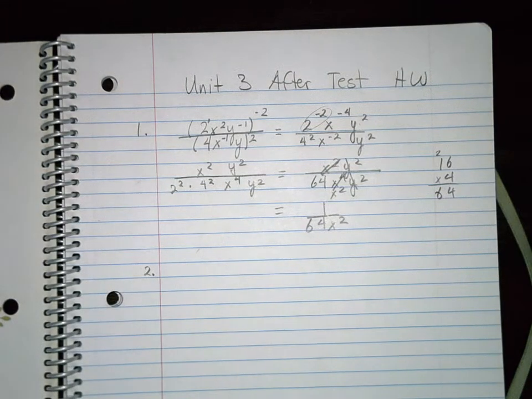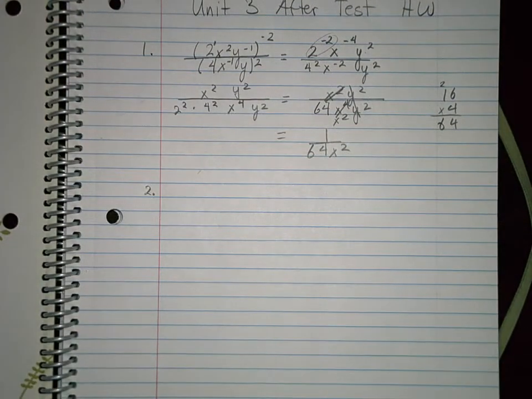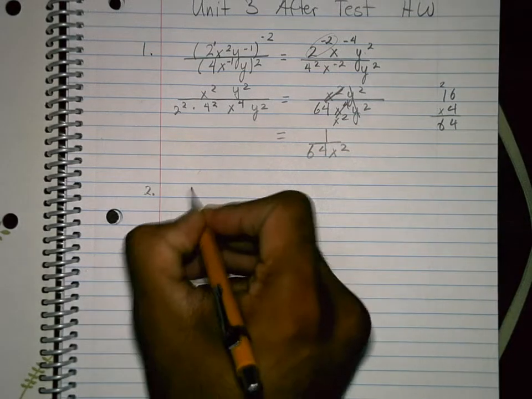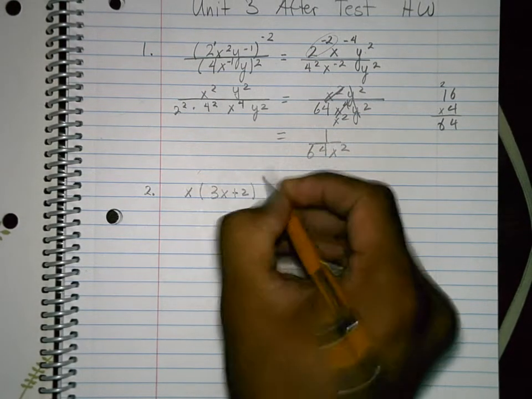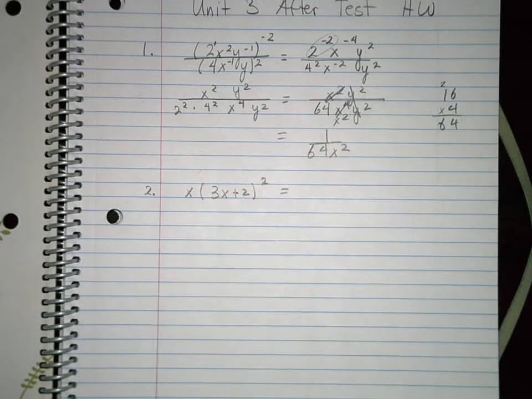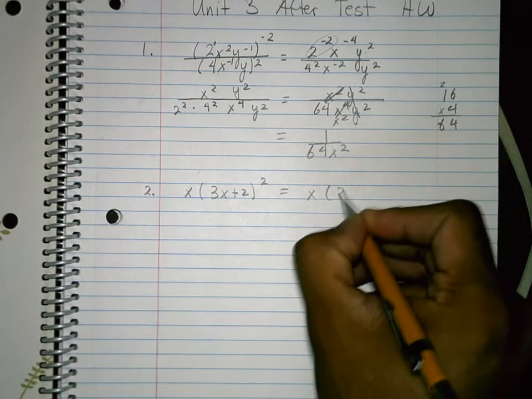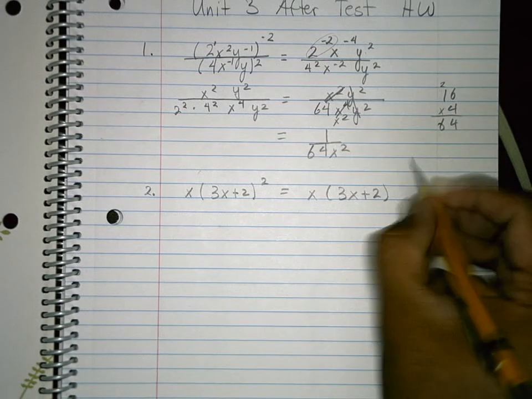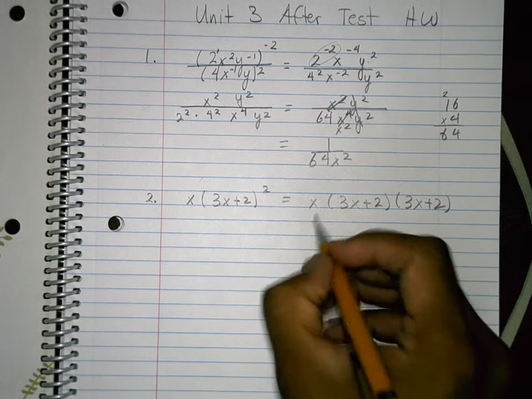Number 2 is x times 3x plus 2 squared. Okay. I cannot distribute this x in here. I got to write this for what it really is. And I have to distribute this stuff in or FOIL it.